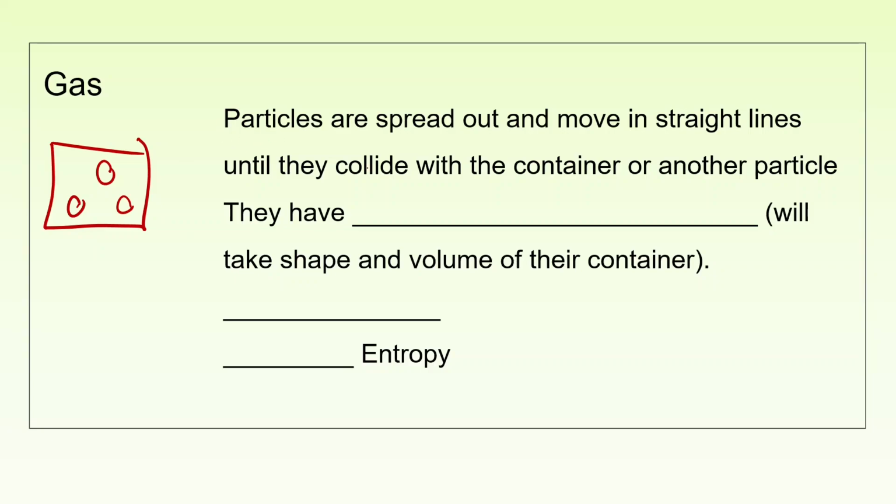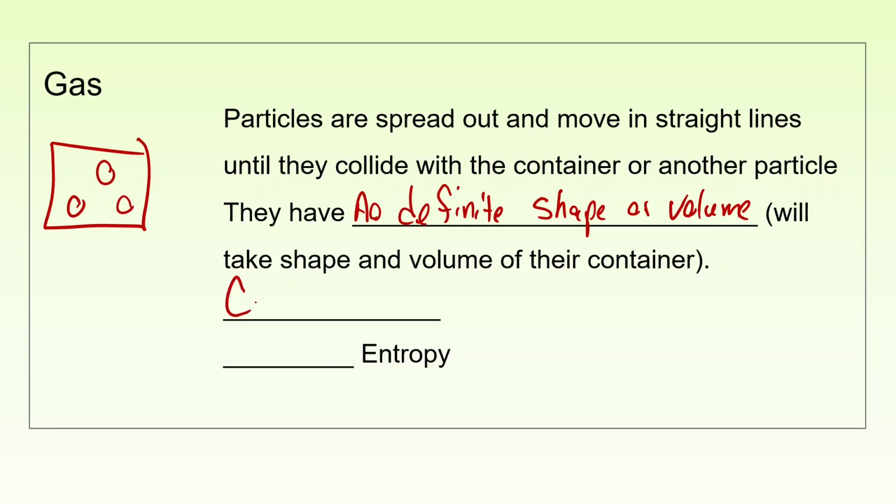So for gases, particles are spread out and move in straight lines until they collide with the container or another particle. They have no definite shape or volume. So their shape will be whatever the shape of the container is. The volume that they occupy will be the entire container, right?